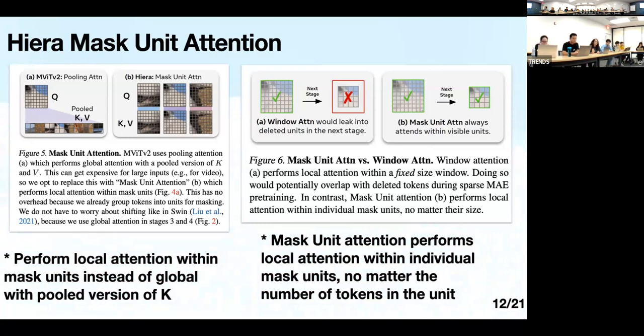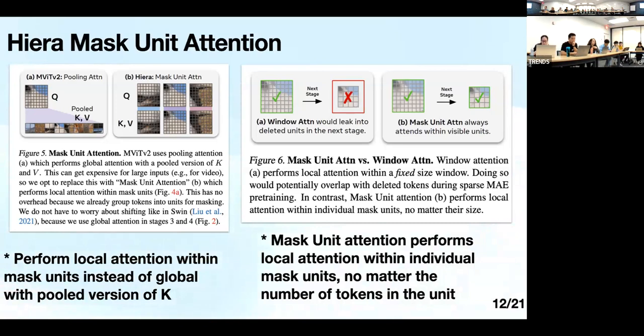Because I think when typical vision transformers do these attention computations, they run it on, I think, the entire image. But they are trying to extract local features from these smaller mask tokens by doing this local attention.